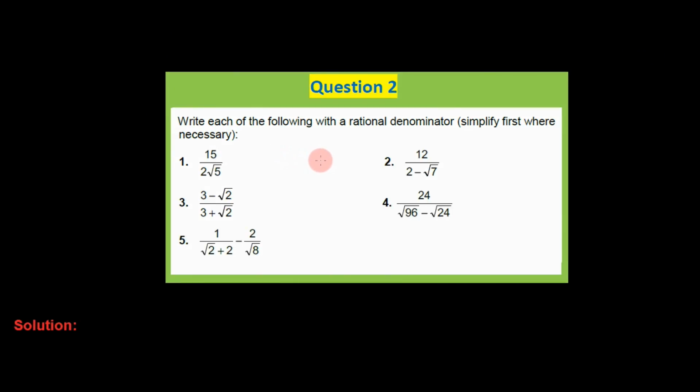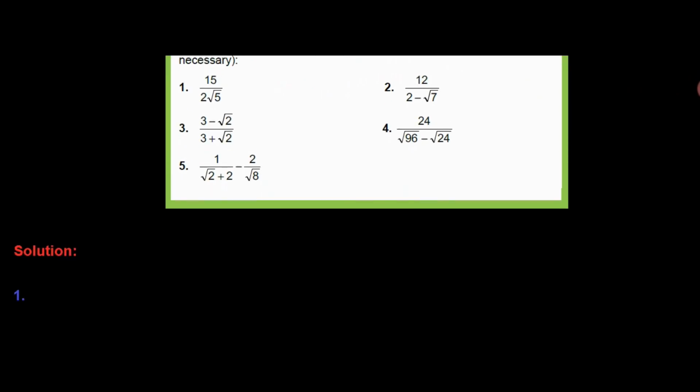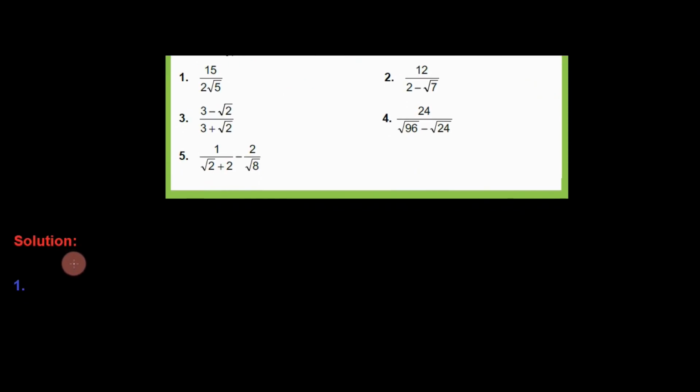Let's look at your answers to this question. In the first one, we have 15 over 2 times root 5, and we want to rationalize the denominator. So we multiply both the numerator and the denominator by root 5.